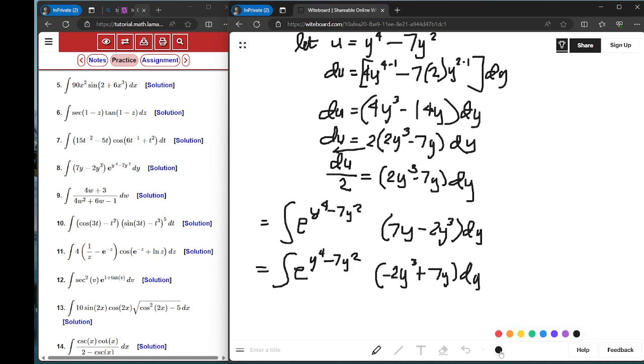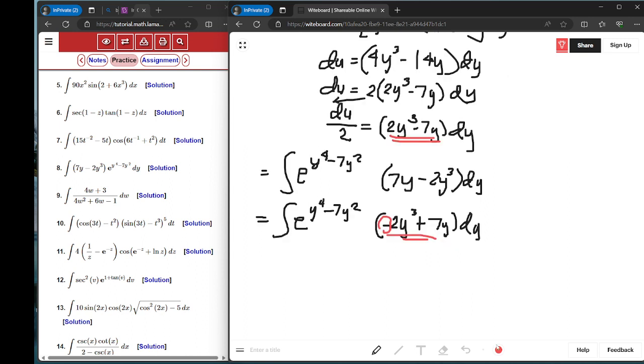For them to have the same signs, we can factor out negative 1. So this will become e to the y to the fourth minus 7y squared is equal to negative 1 times positive 2y cubed minus 7y dy.